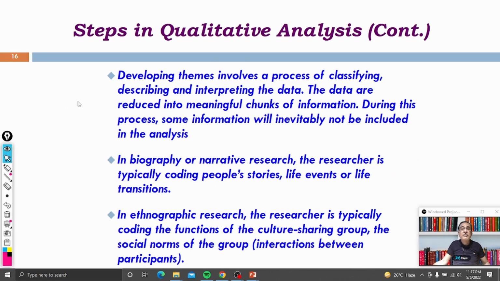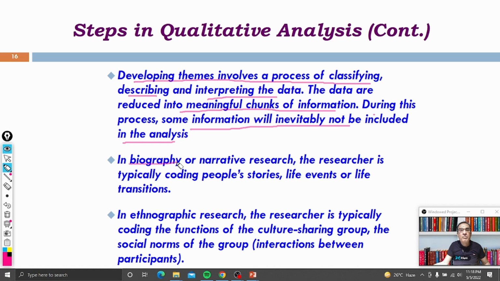Steps in qualitative analysis. Developing themes involves the process of classifying, describing, and interpreting the data. Data are reduced into meaningful chunks of information. During this process, some information will inevitably not be included in the analysis.